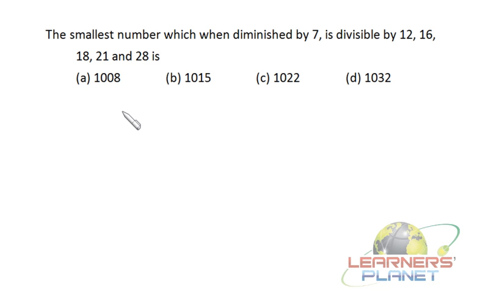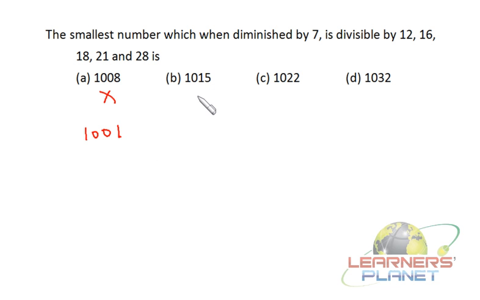So it's 1001. If 1008 is diminished by 7, we are getting 1001. Now we have to check whether this number is divisible by 12, 16, 18, 21 and 28 or not. It cannot be, since 12, 16, 18 are even numbers and this is an odd number. So it will be a wrong choice.